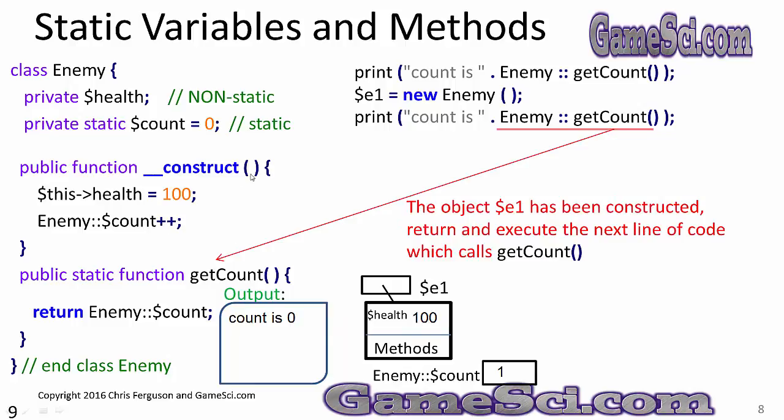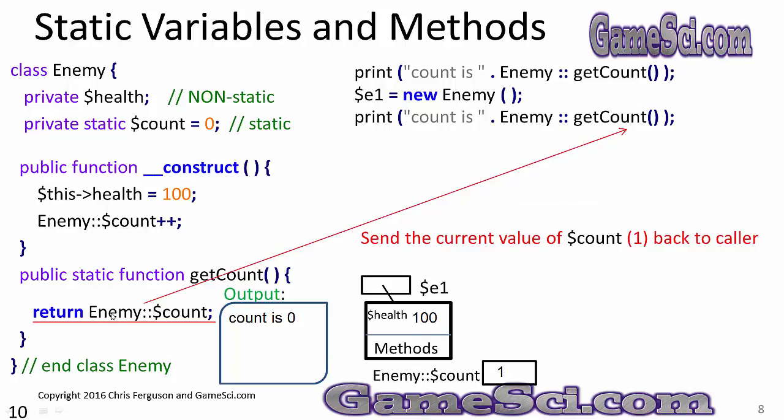We return from the constructor and we execute the code below the building of E1. Now we've got a new print statement here, and we're going to call Enemy::getCount again and execute this static method. When this static method executes, it's going to return the count variable. It's going to send the current value of $count, 1, back to the caller.